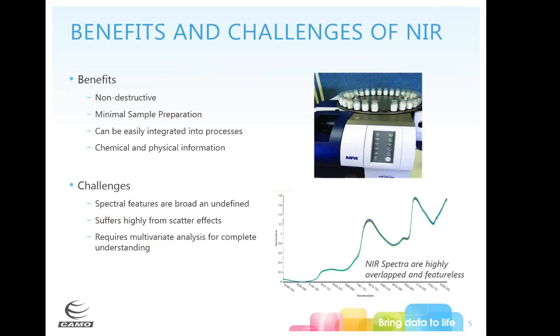It causes a lot more scattering because the ratio between your particle size and your wavelengths is closer. So often, almost always, you require multivariate data analysis to really understand your NIR spectra because you have all these overlapping bands. You often get a very broad band that may have individual bands underneath it to pull out your information.